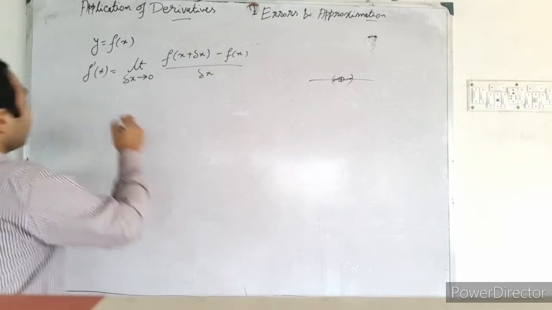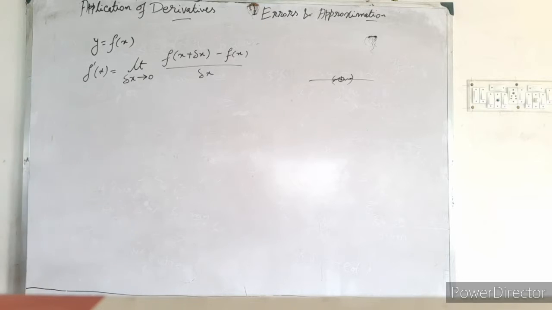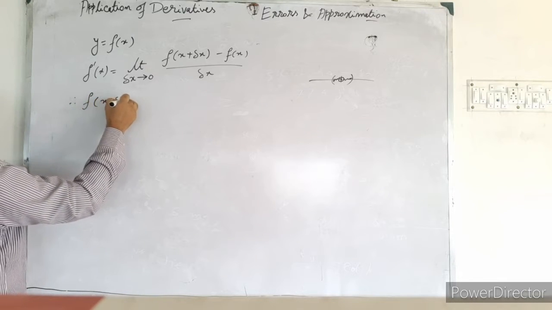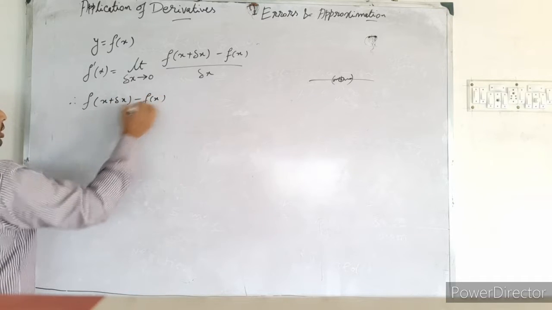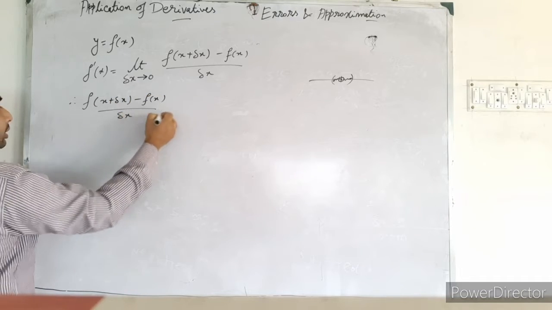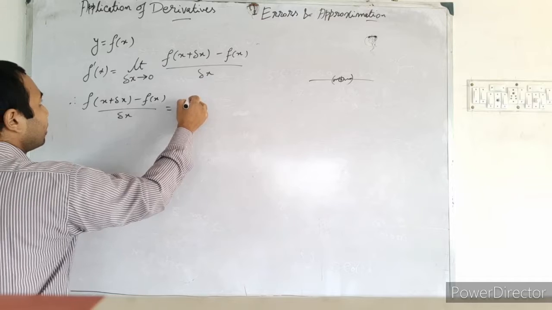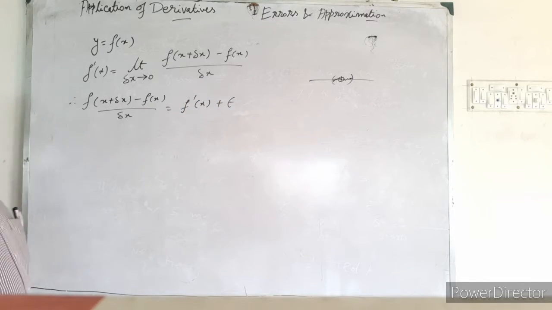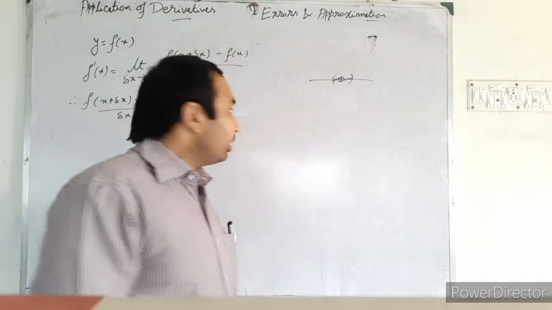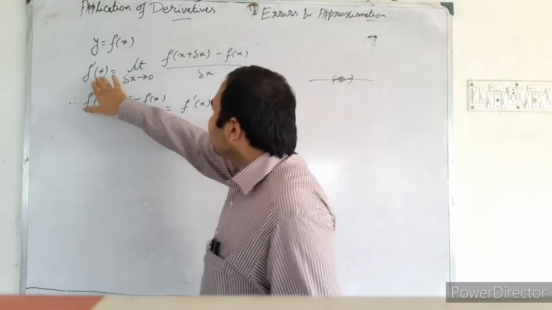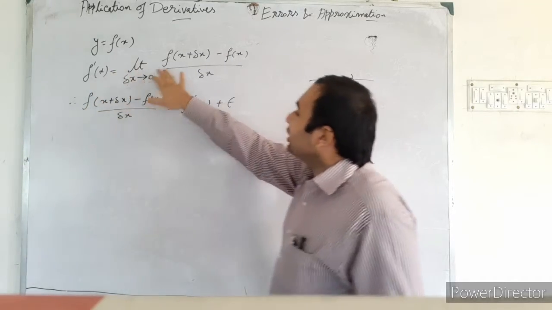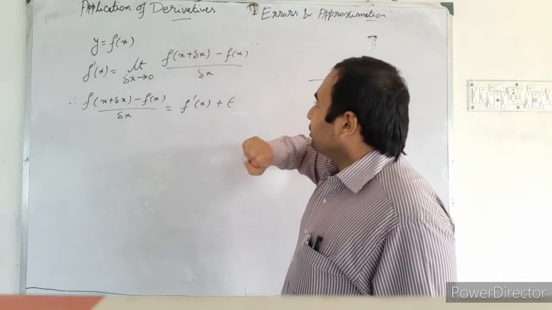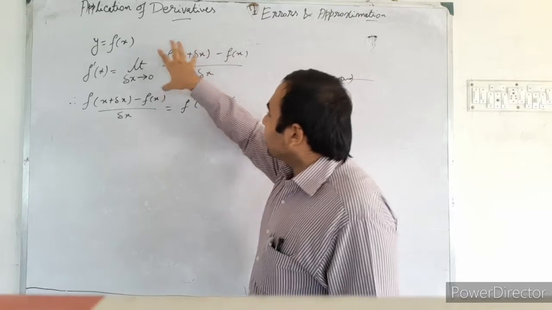So here we can write: f(x plus del x) minus f(x), divided by del x, is equal to f'(x) plus epsilon, where epsilon is a very small number. This is the limiting value.